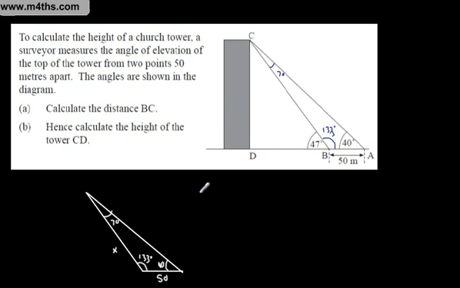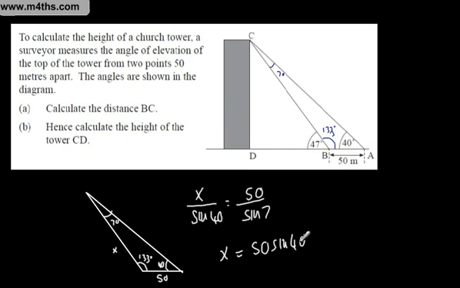So let's work it out then, and that will give us this length right here. So x over sine 40 is equal to 50 over sine 7. That will now give us this value, and there are a few different ways you can approach that, but essentially getting BC is going to use the sine rule. So now we can see that x is going to equal 50 lots of sine 40 over sine 7, and that will give us BC.